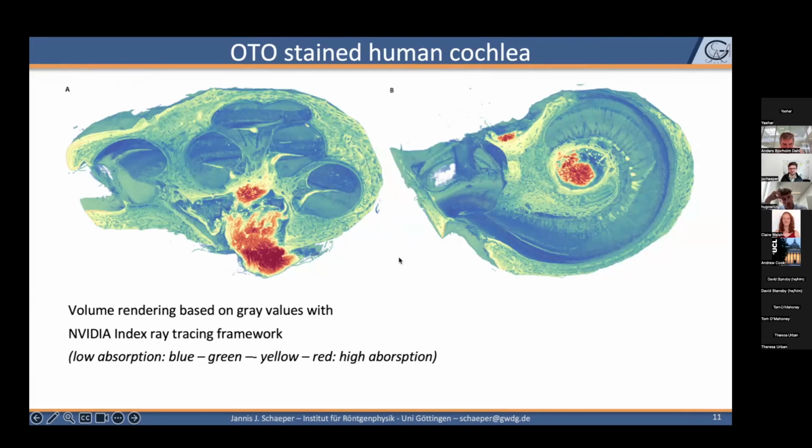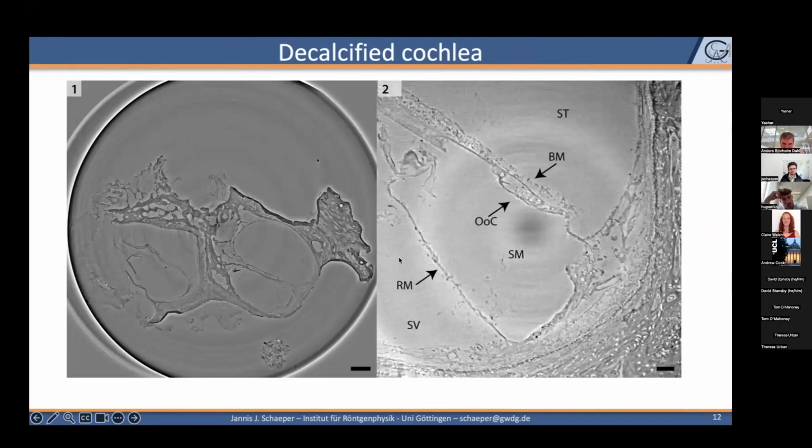Next, maybe more an outlook. This is not as artifact free, let's say that way. This is a decalcified sample where we really had some problems finding a good energy. We are at high energy, so it's very suitable for large samples or for somewhat absorbing samples.